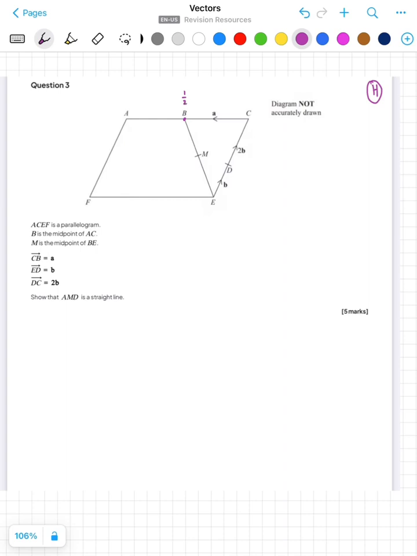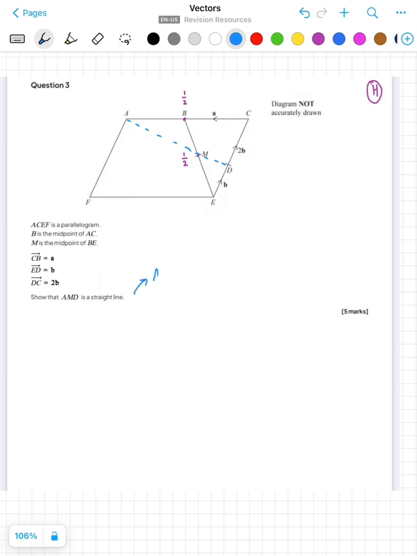And M is the midpoint of BE, so we have a halfway point. C to B is a, E to D is b, and D to C is 2b. Show that AMD is a straight line.